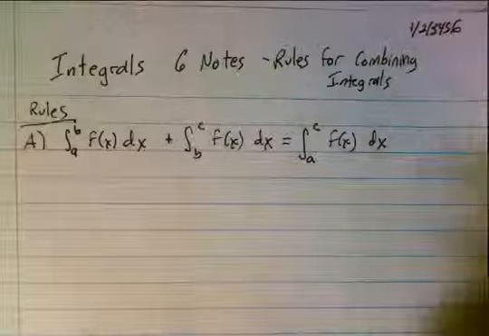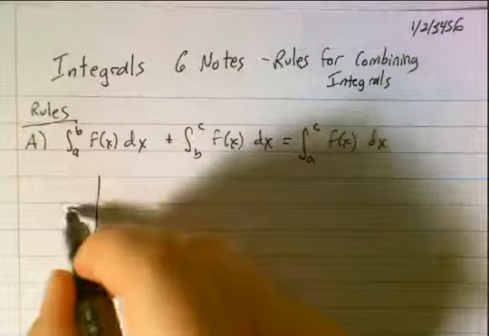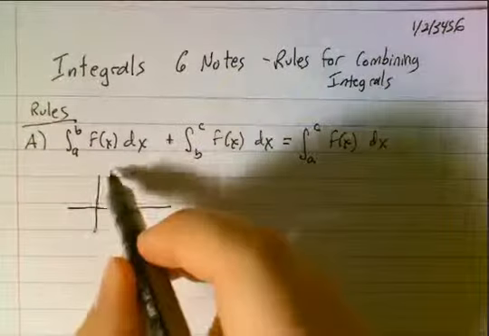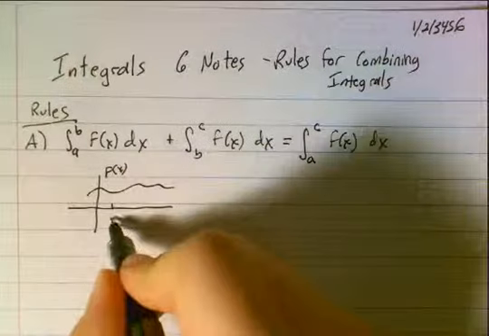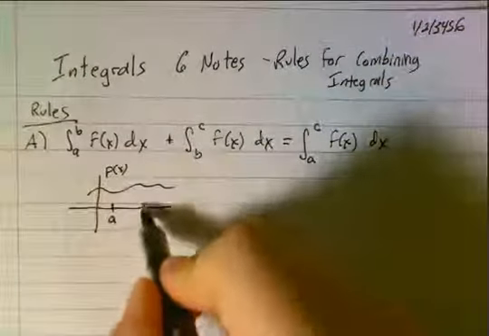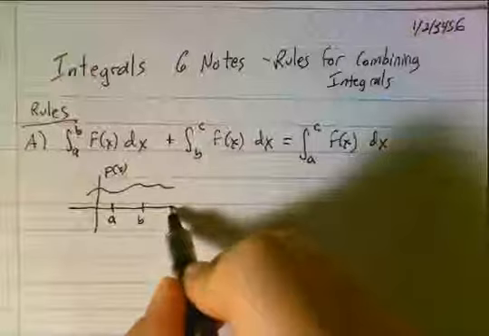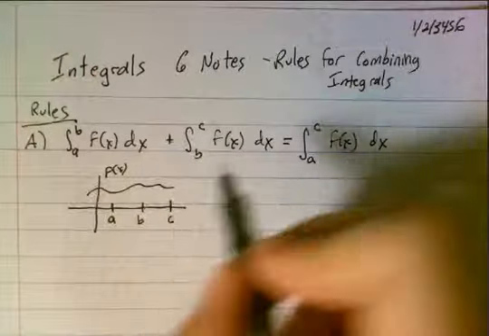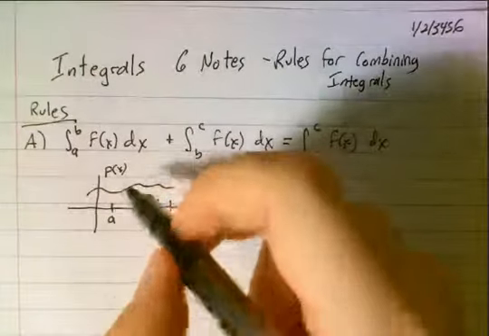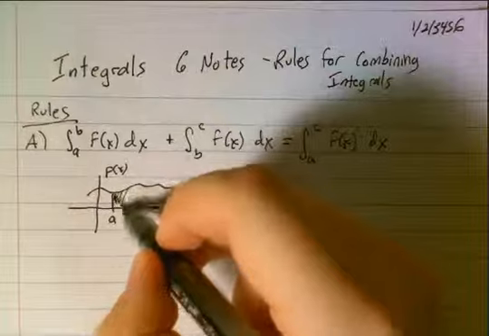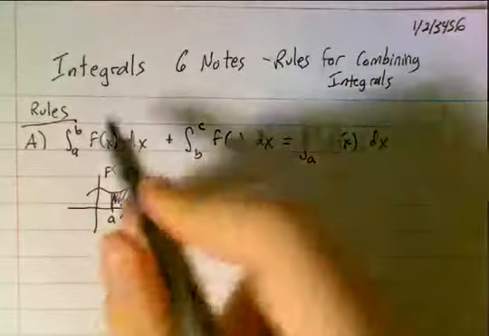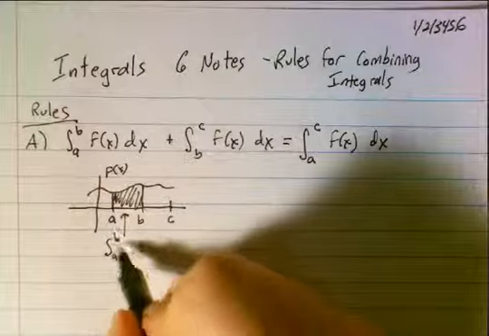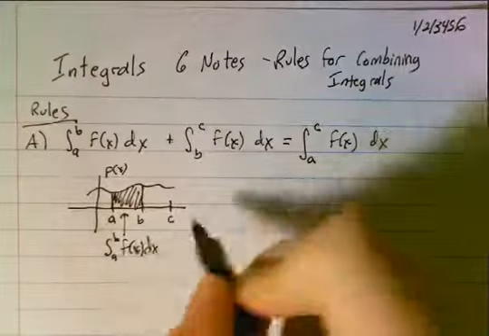Basically what's happening here is that if we have some situation like this where we've got some curve f of x, and we've got an integral from a to b and an integral from b to c. Remember that the integral is that area under the curve. So we've got this integral right here. This is the integral from a to b of f of x dx.